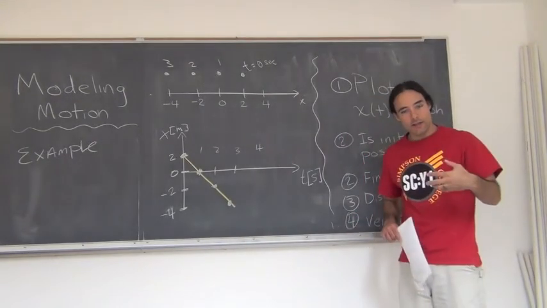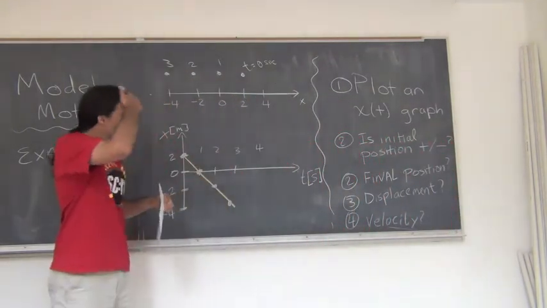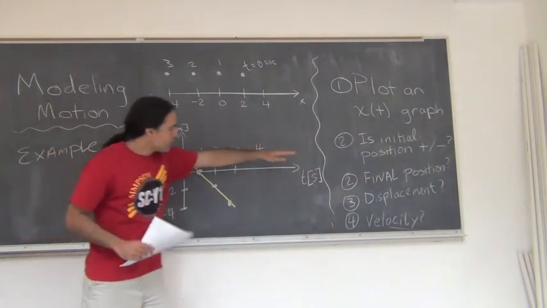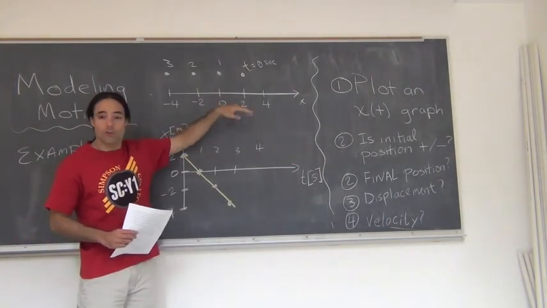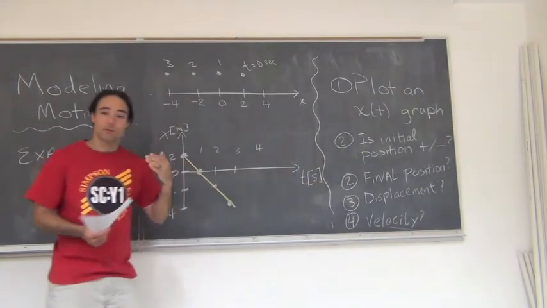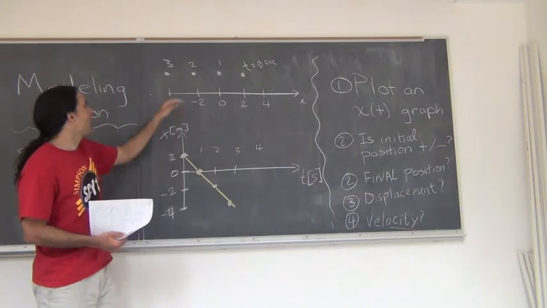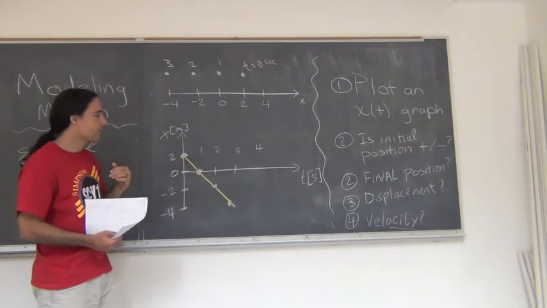Now, let's see if we can figure out what all my different quantities are. Is my initial position positive or negative? Well, my initial position is 2, so that would be positive. Is my final position positive or negative? My final position is I'm at negative 4 meters, so that would be negative.